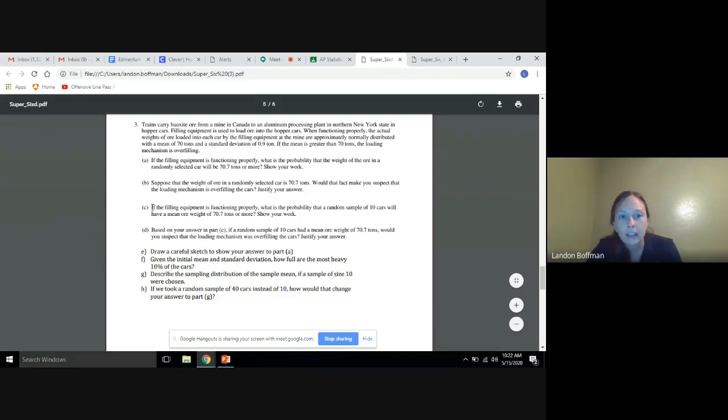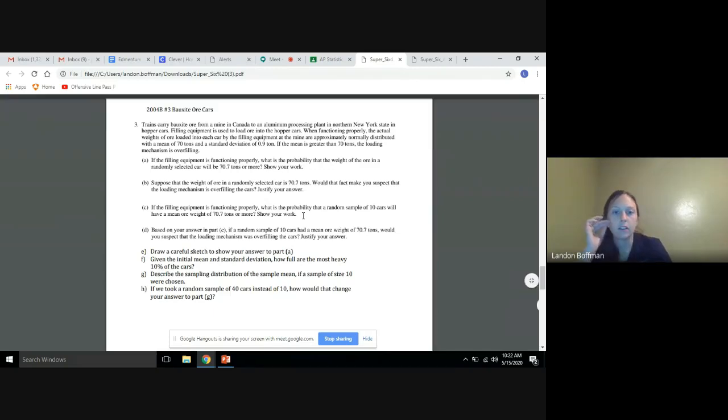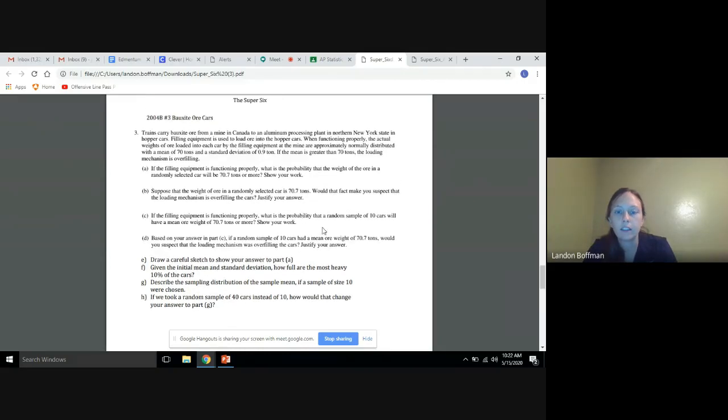Okay, part C. What is the probability that now a random sample of 10 cars will have a mean weight of 70.7 tons or more? What'd y'all do for this one?